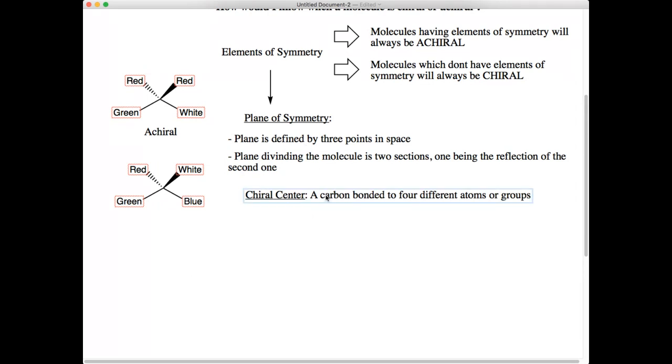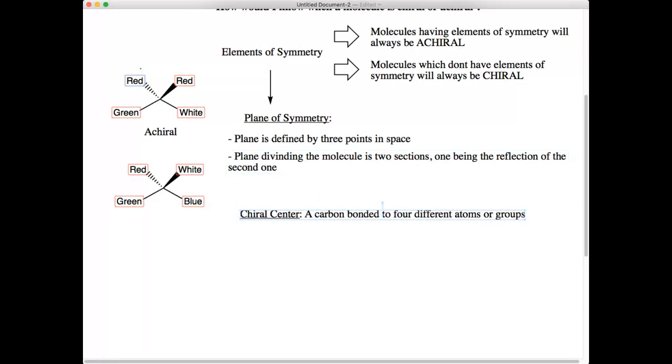So I'm going to give you now another trick to identify chirality. First of all, for the element of symmetry, you have to find if a molecule has a plane of symmetry or not. If the molecule does have a plane of symmetry, it is achiral. If there is no element of symmetry, it could be chiral.